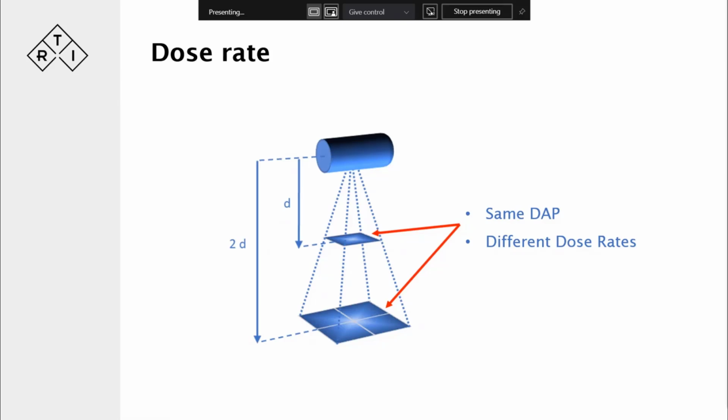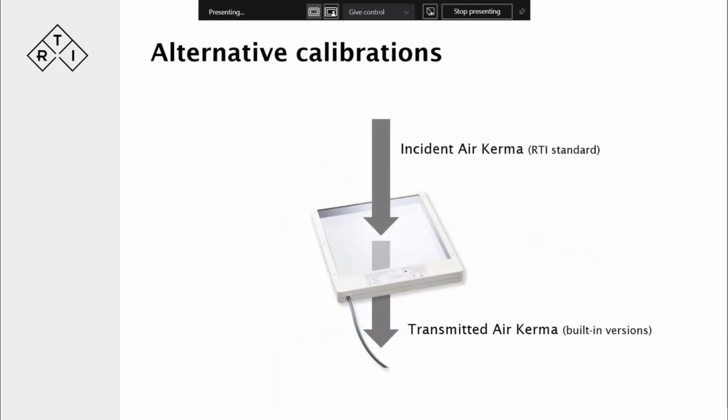And when we're working with DAP chambers, we need to watch out also for the calibrations, how the DAP chambers are calibrated. There is one way: there's one radiation we're measuring with the DAP chamber, the incident air kerma, which is the RTI standard. But there's also another calibration factor for what is transmitted, which is something different.